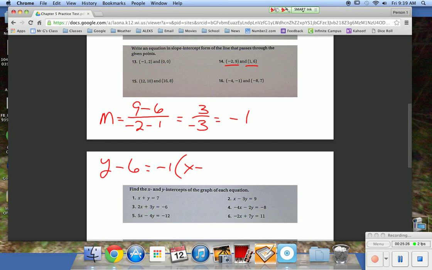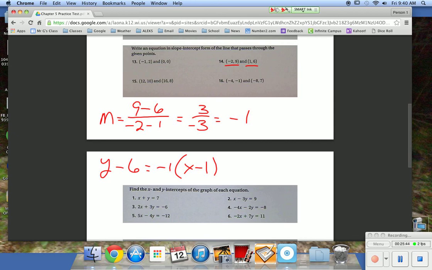No, we have to use that point. No, not 6. What's our x in this point? In 1, 6. 1.